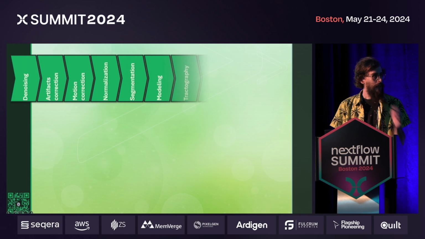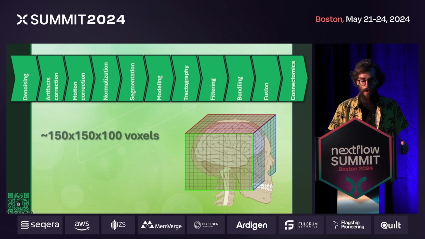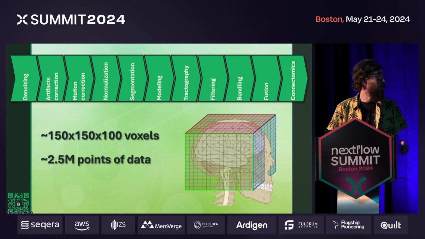It's an intensive task. Multiple key steps must be done correctly for diffusion MRI images to be analyzed afterwards, and most of them require long computing times. MRI images are spatially dense. We're talking about millions, sometimes tens of millions of data points.